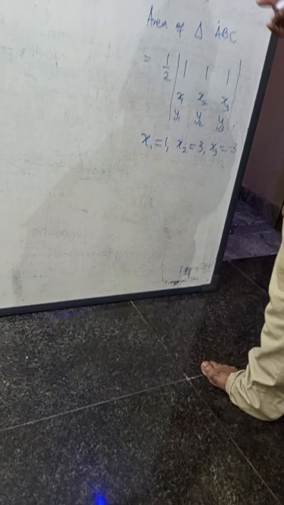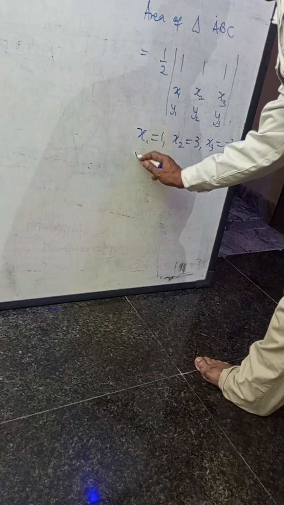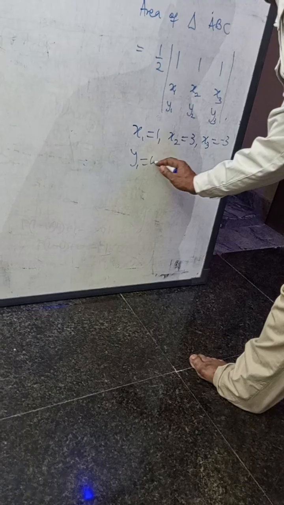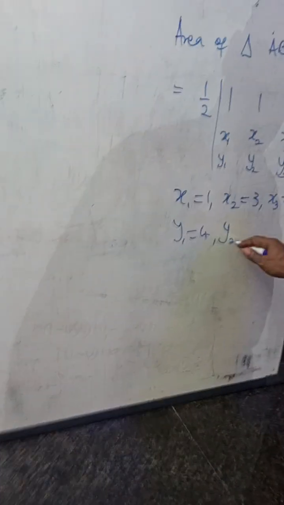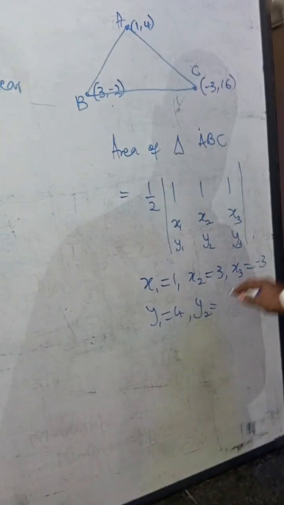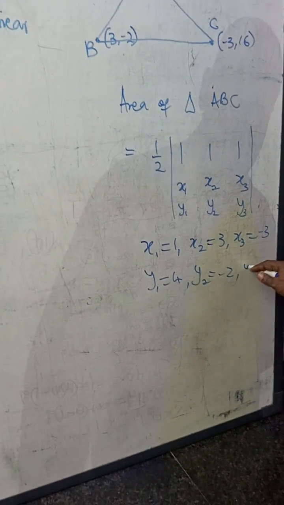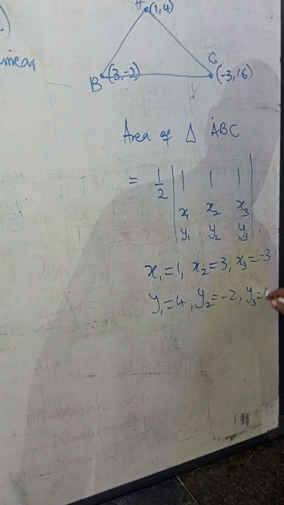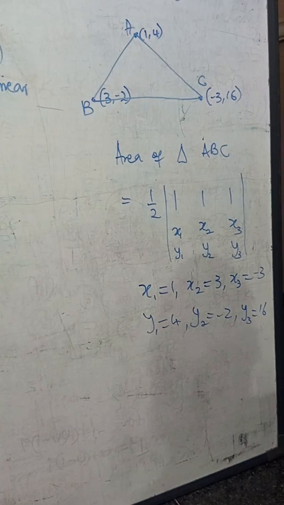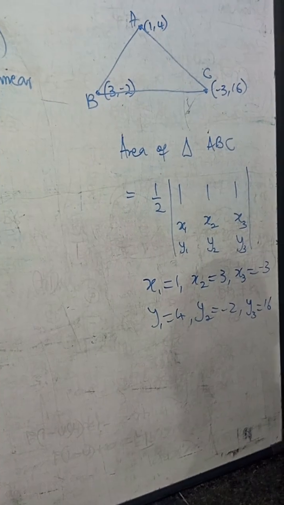Then our y sub 1 will be equal to 4. Our y sub 2 will be equal to negative 2. Then our y sub 3 will be equal to 16. So we have this list, and we can now begin to find the area.